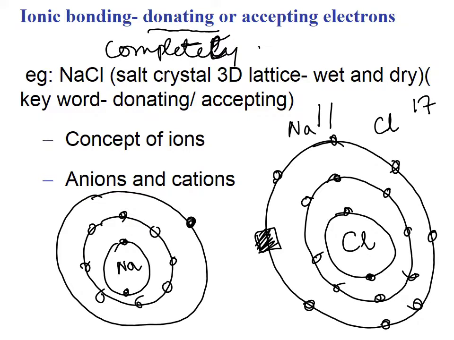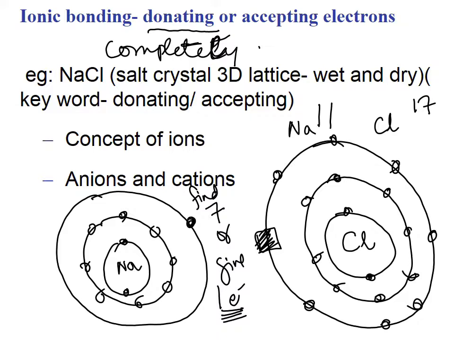Now, is it easier for sodium to try and find 7 more electrons or to give away 1 electron? It is easier to do this. On the same note, chlorine.